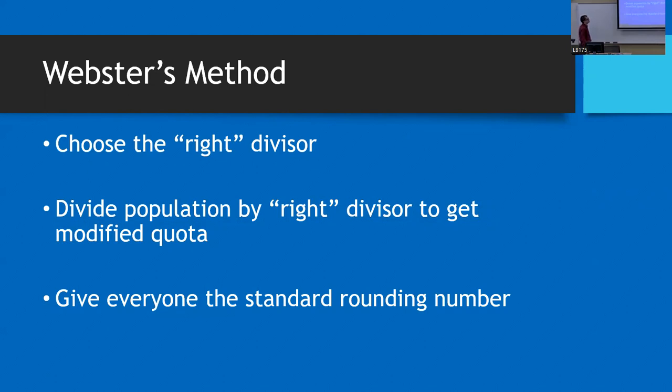Okay. So Webster's method is very similar to Adams' method, very similar to Jefferson's method. We're going to pick a right divisor. But this time, instead of using either the upper quota or the lower quota, we're going to use standard rounding. So 0.5 and above will round up, and 0.49 and below will round down.